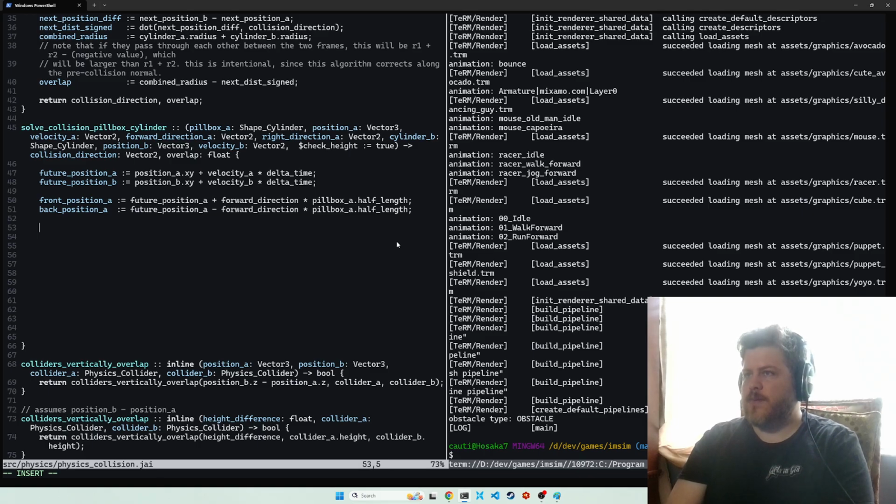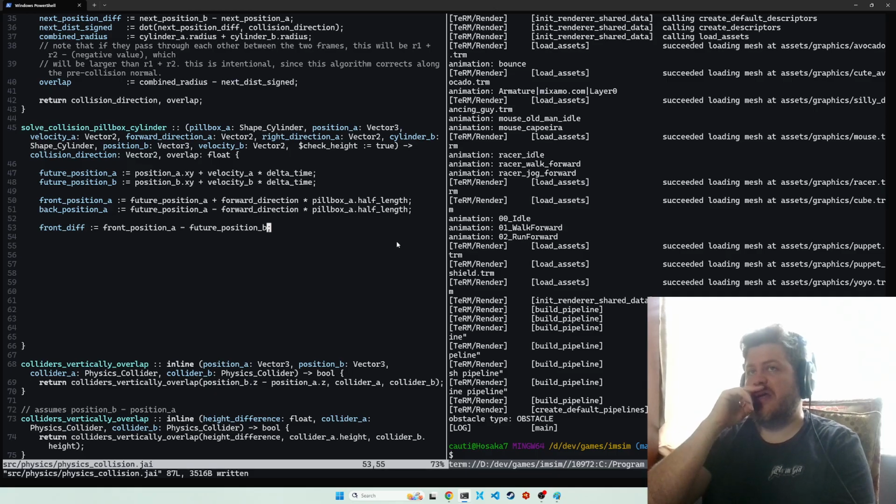Which is to say, so we get diff. It's going to be front position A minus future position B. And I just need to know if that's positive, basically, if the dot product of that with the forward direction is positive.